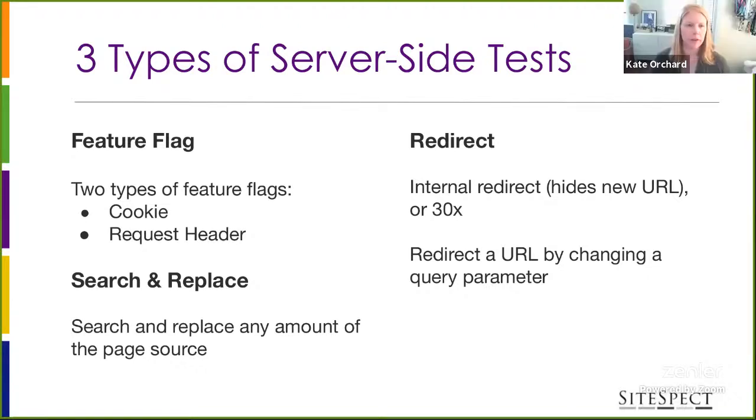I think that's definitely true. And also in terms of the developer involvement, if we go into the other two types of server-side tests, they become less dependent on developers.